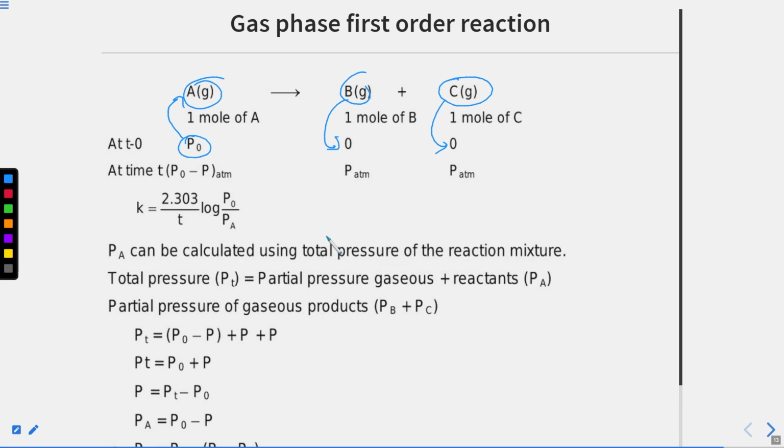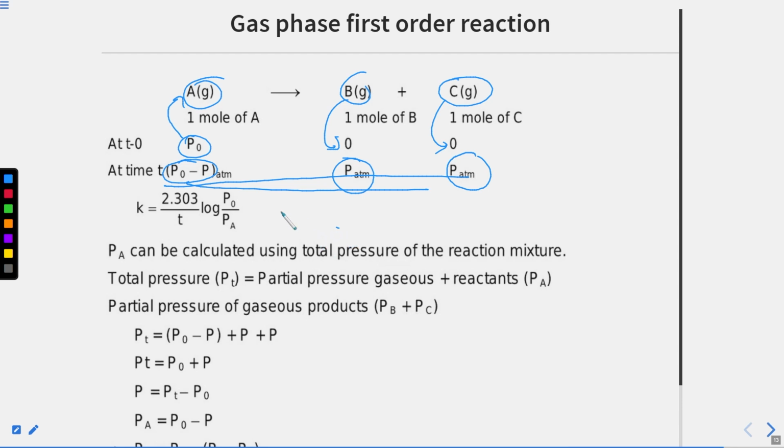So the partial pressure of A will be P naught minus p. Again, B will have a partial pressure of p, and C will have a partial pressure of p. Okay, so these are the concentrations of A, B and C at time t: P naught minus p for A, p for B, and p for C. So this is clear?